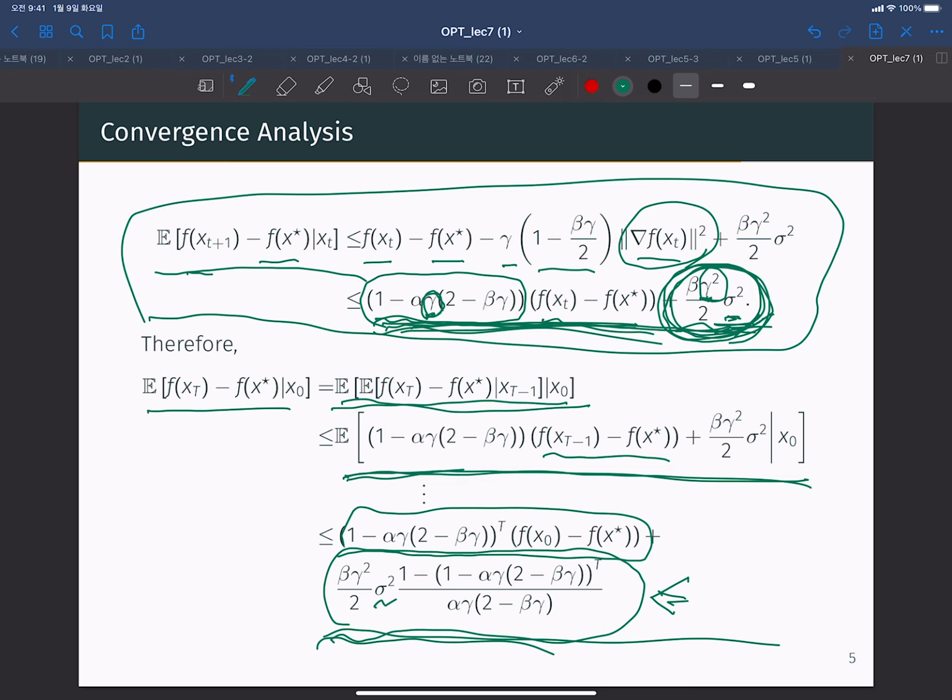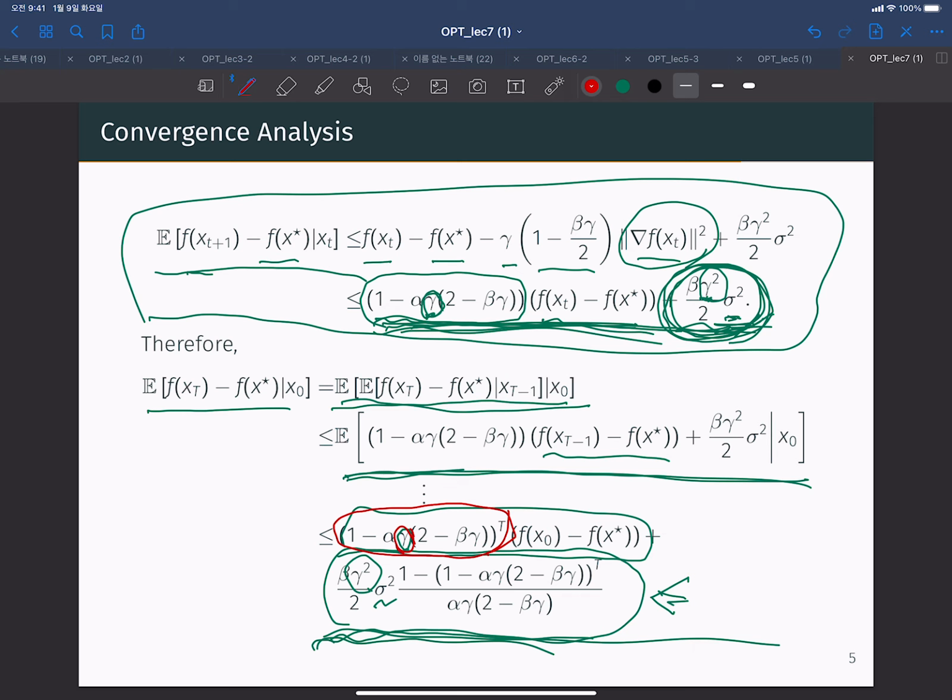But again, note that here you have gamma square, but this has only gamma. So when your gamma is sufficiently small, much smaller than sigma square, then basically you can ignore this part.